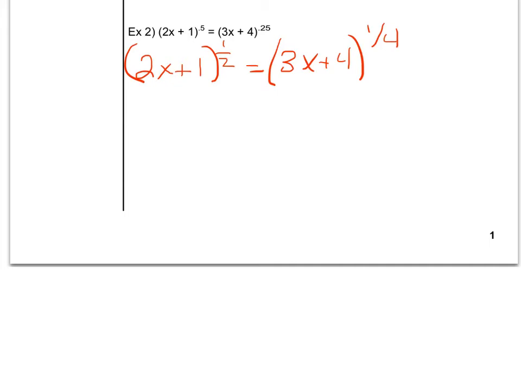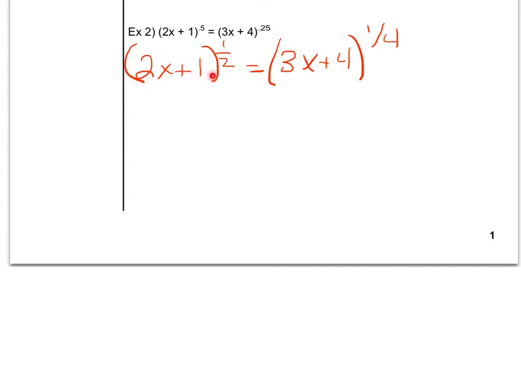So now from here, I'm supposed to isolate a radical. These exponents mean radicals. This means square root, this means 4th root. So I already have a radical by itself. In order to get rid of the fractional exponent, I'm going to raise both sides to the same power. I'm going to pick the power that will actually get rid of all the radicals.